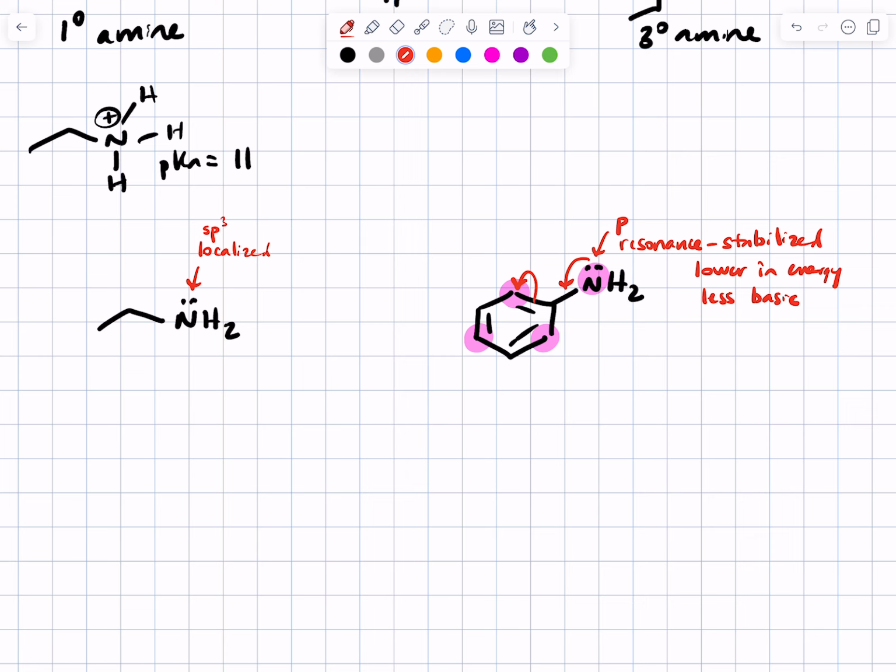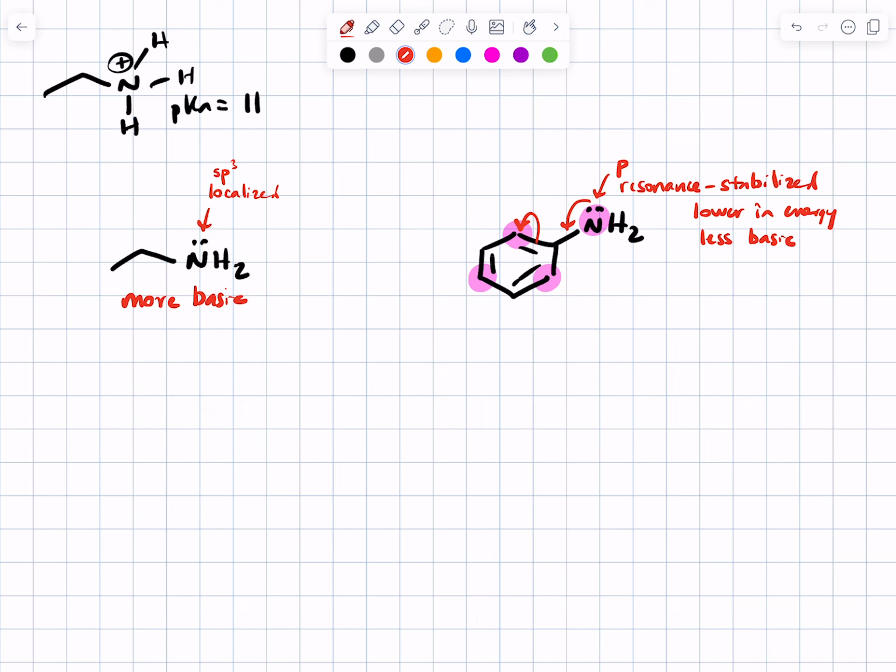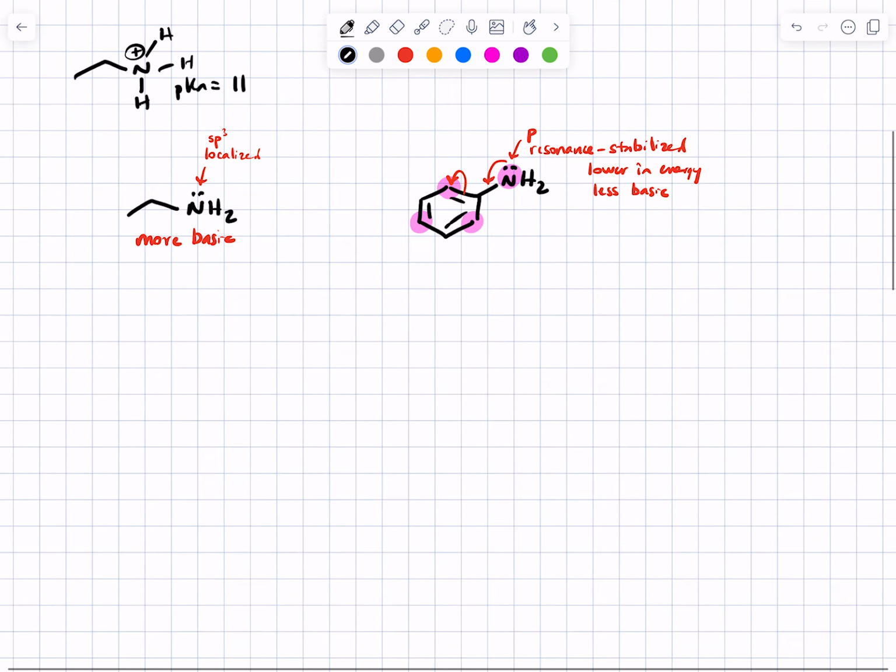So yeah, you would predict that the aniline should be less basic, and the alkylamine, ethylamine, should be more basic. Okay, does that make sense? So we can use other similar ideas to distinguish between structurally related molecules. So, for example, here's aniline again.